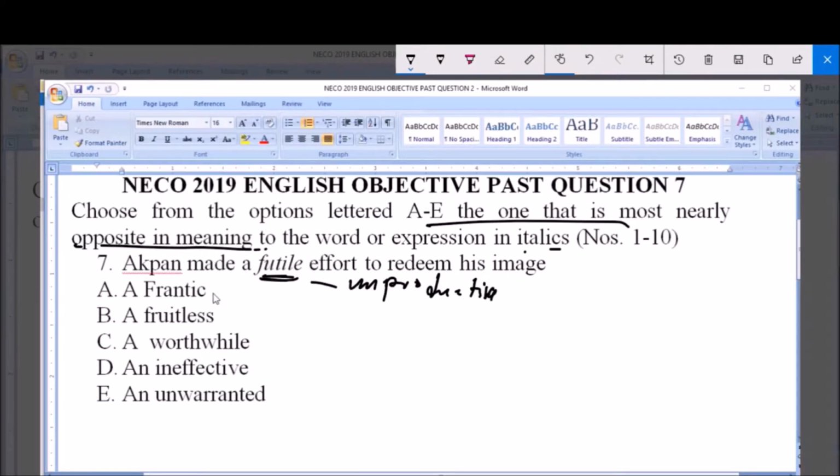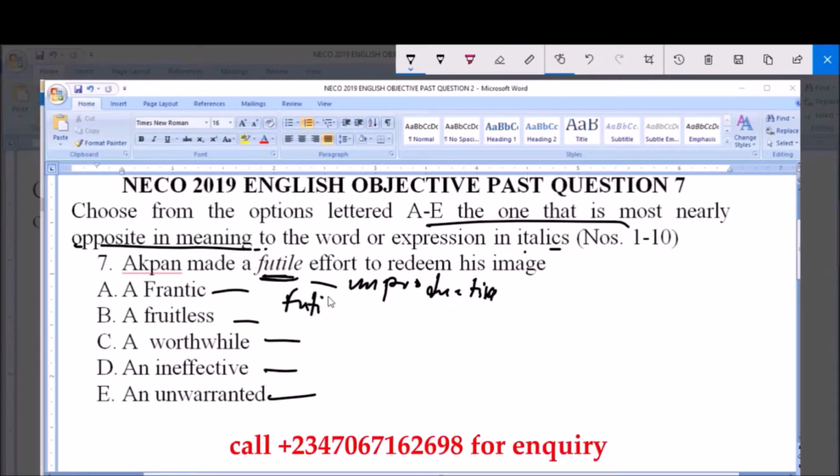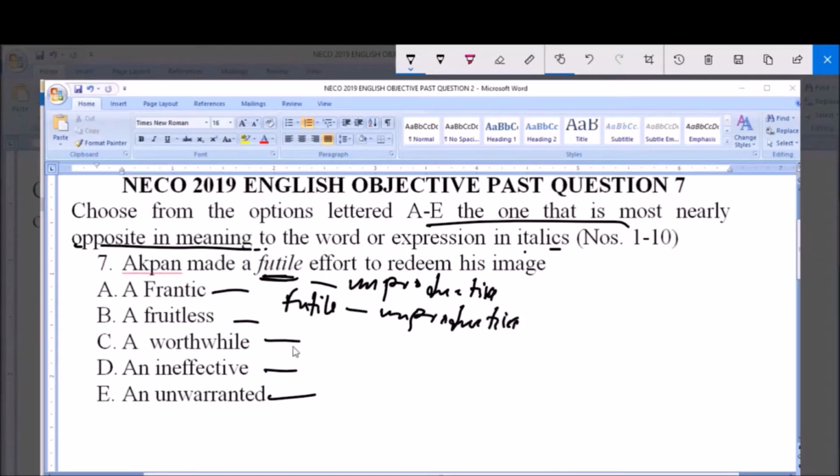A. Frantic. B. Fruitless. C. Worthwhile. D. Ineffective. E. Unwarranted. And when we talk of futile, we have said that it's unproductive. Fruitless is also unproductive in nature.